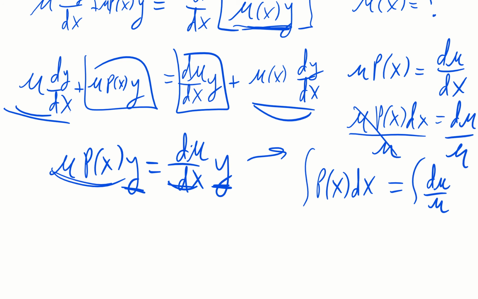On the left-hand side, we don't know the exact expression for p, so we can't explicitly do this integral, but we know that when we integrate it, we would end up getting some constant of integration. On the right-hand side, the antiderivative of 1 over mu d mu would be the natural log of the absolute value of mu. So we're almost there.